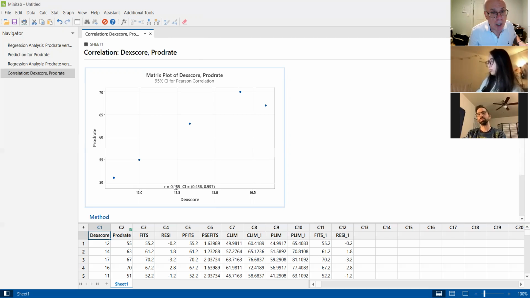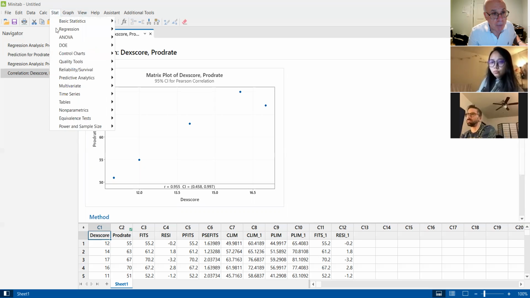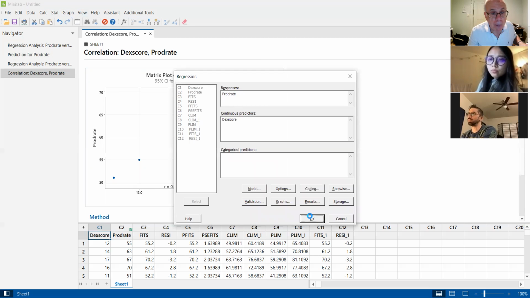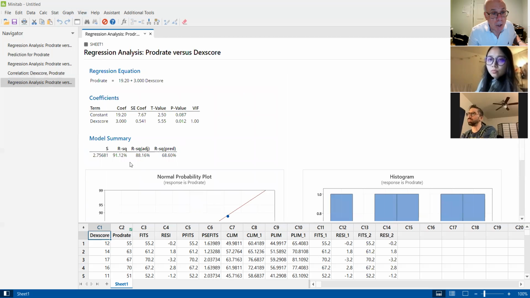Now, what is R squared? Let's go back to the regression. Remember the correlation is 0.955. Look at R squared, 91.12%.